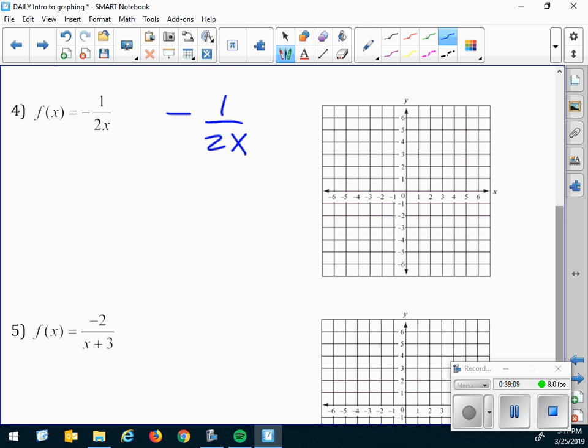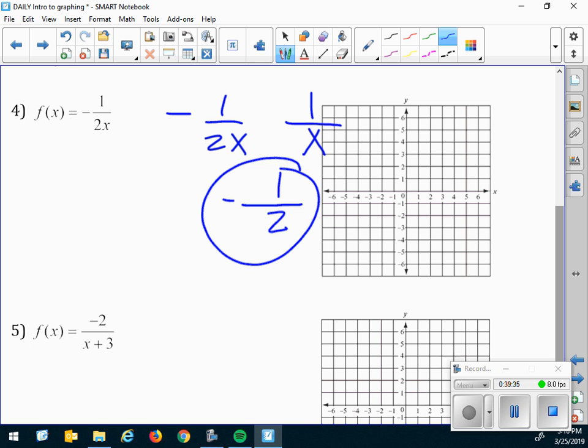The parent function was 1 over x. What is the parent function getting multiplied by? A negative? No. 1 times what gives me 1? X times what gives me 2x?